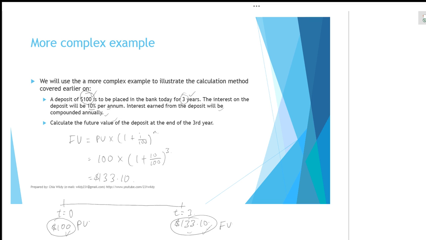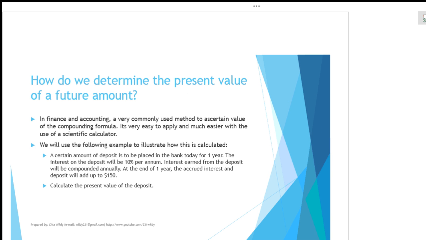So what about if this was t equals to 6? Would the future value be greater? Yes, it would be, because as time passes with the greater amount of inflation, it means that you need to have even more money than before in order to have the same amount of purchasing power as today.